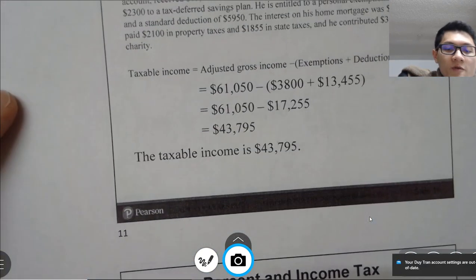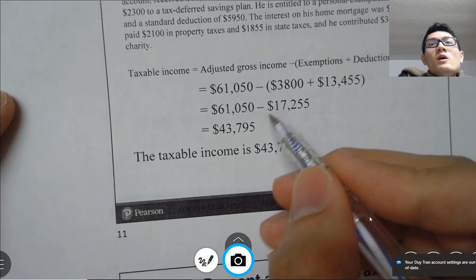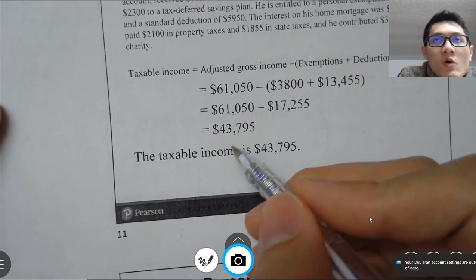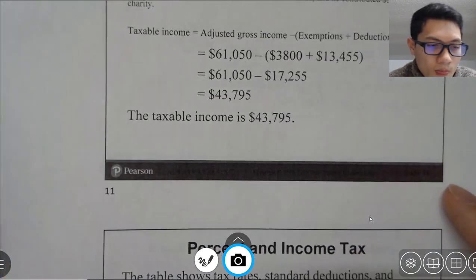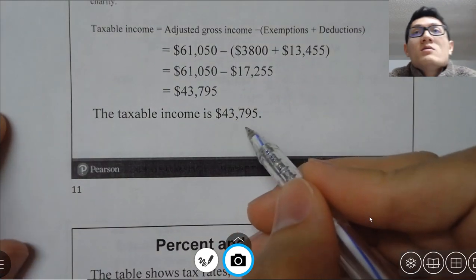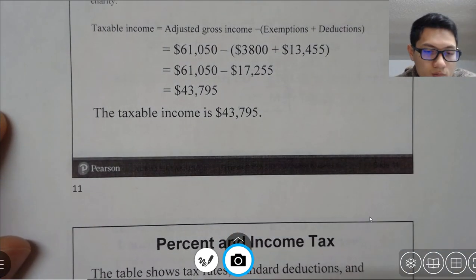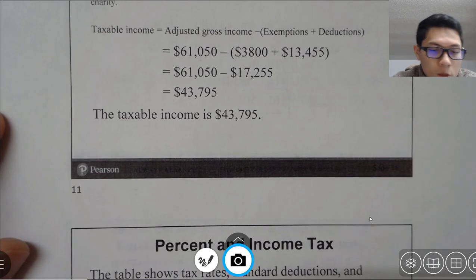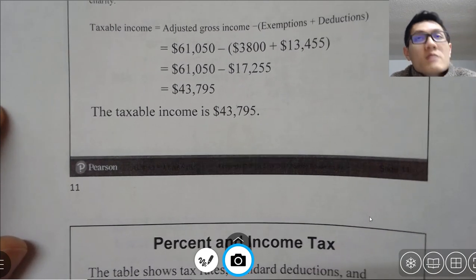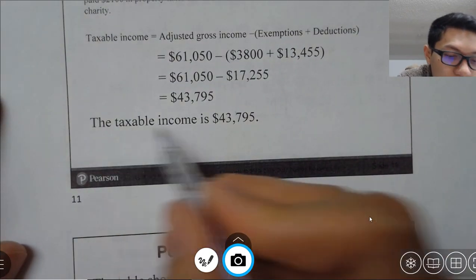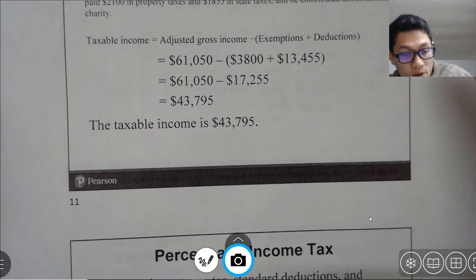We subtract them from the adjusted gross income to get the taxable income, which is 43,795.